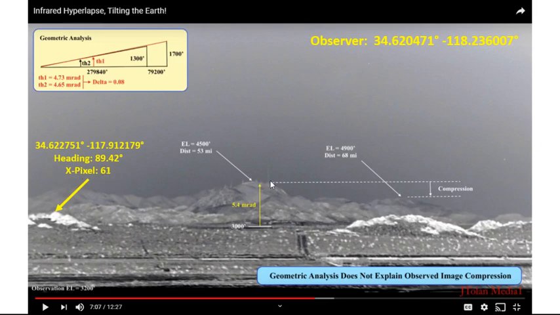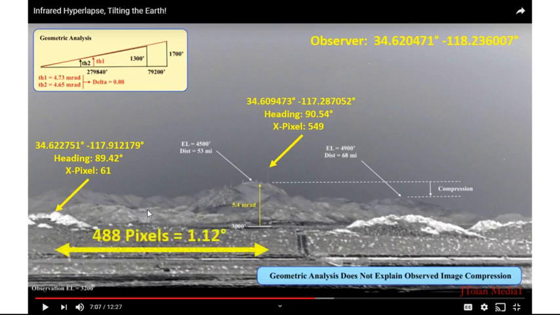Then I went to Quartzite Mountain, the main tower on Quartzite Mountain. Here again are its coordinates, the heading from the observer location, and its X pixel on the screenshot. So with those 2 data points, we can derive an angular size scale, and on this particular screenshot, 488 pixels is the equivalent to 1.12 degrees.